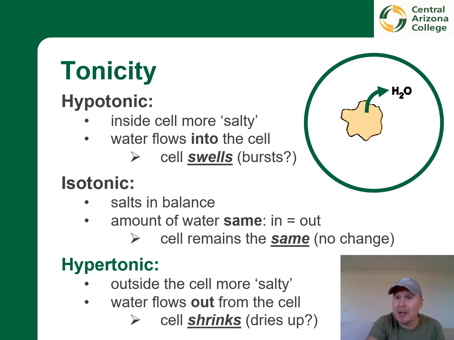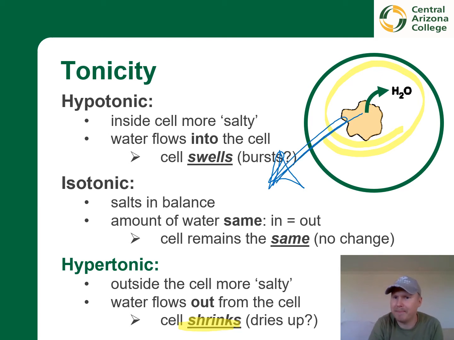As a result, water will flow out from the cell, trying to dilute the concentration outside it. And this will keep happening, causing the cell to shrink. And if the difference in concentrations is too big, the cell may eventually even end up drying up.